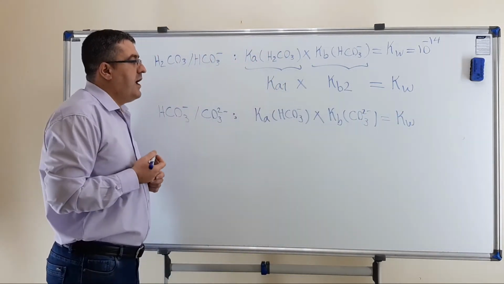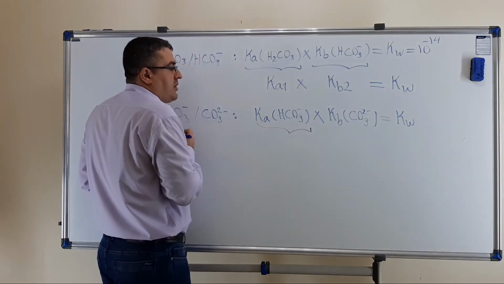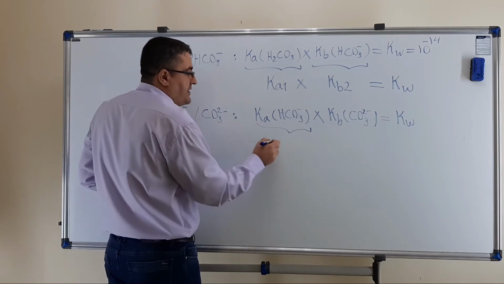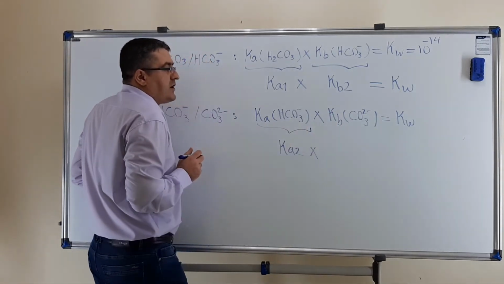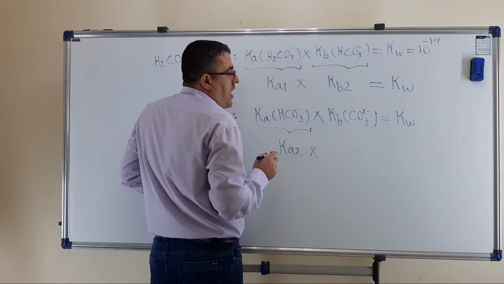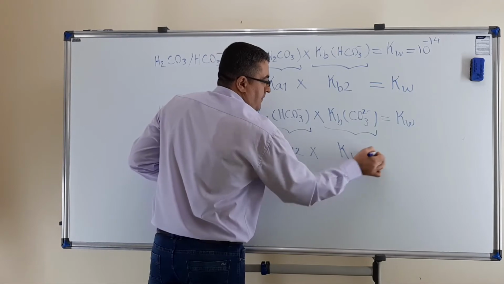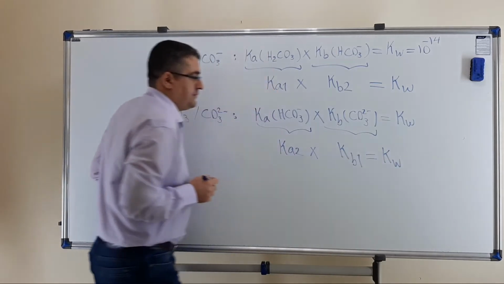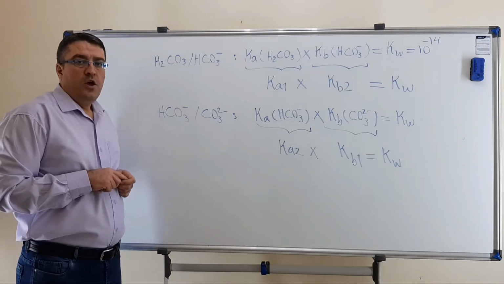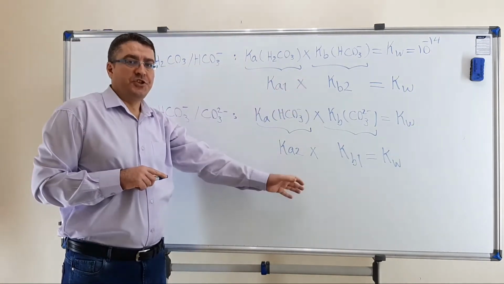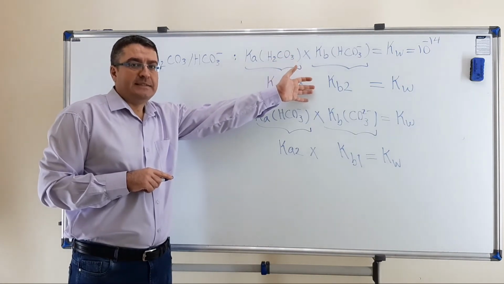Based on previous reactions, we can see that the acidity constant of hydrogen carbonate is Ka2 and the basicity constant of carbonate anion is Kb1. So we have these relationships between stepwise acidity and basicity constants.